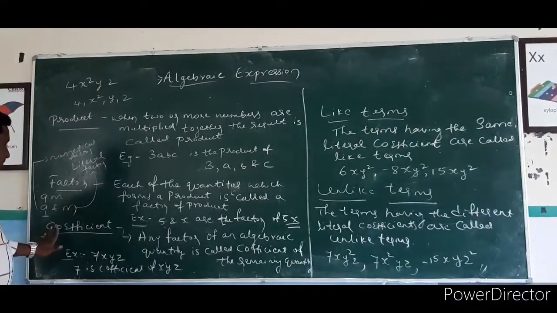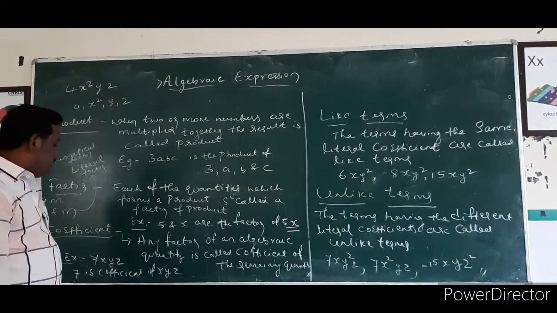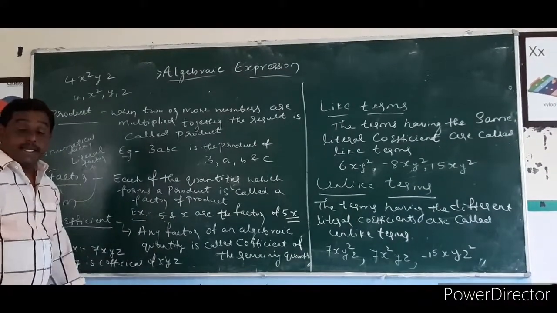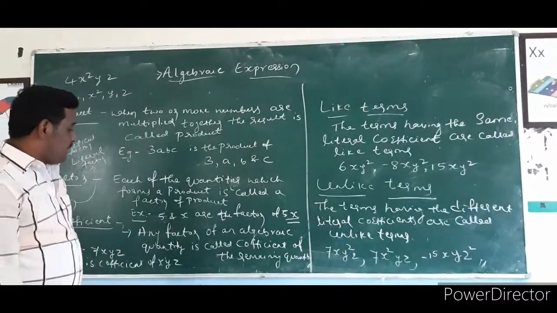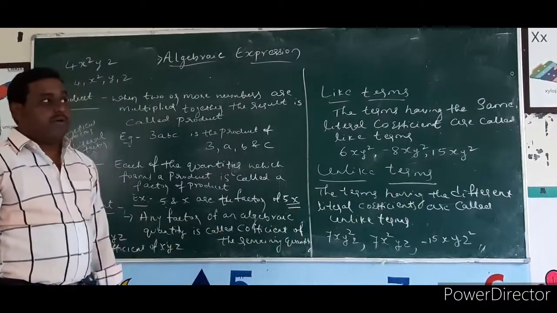Next, coefficient. What is meant by coefficient? Any factor of an algebraic quantity is called the coefficient of the remaining part.